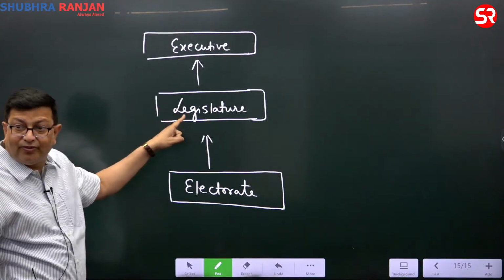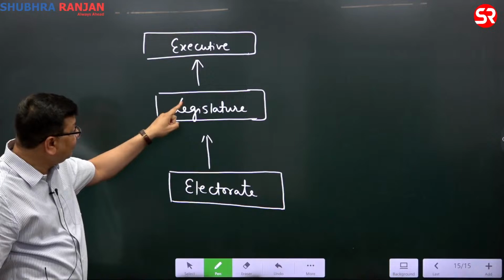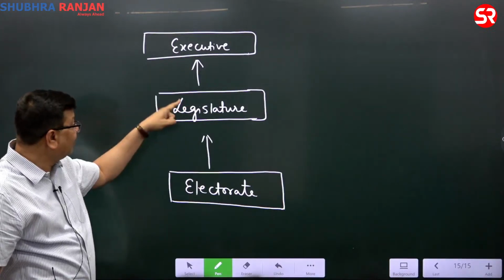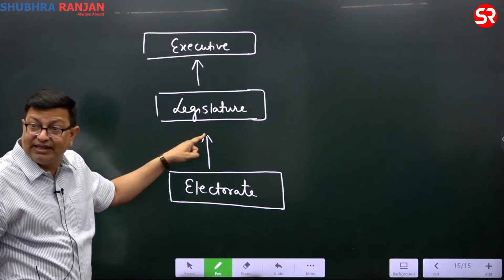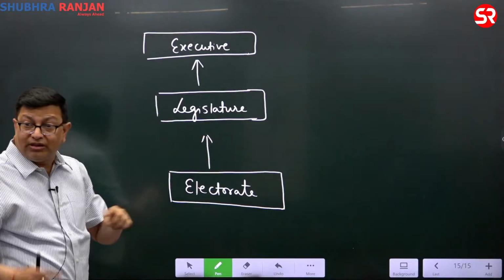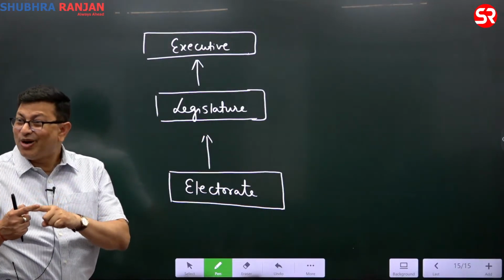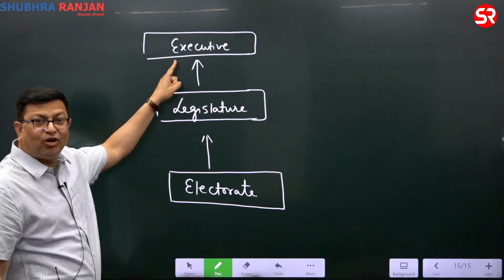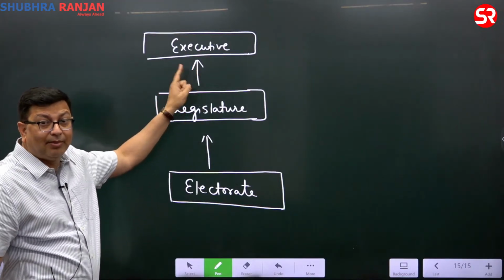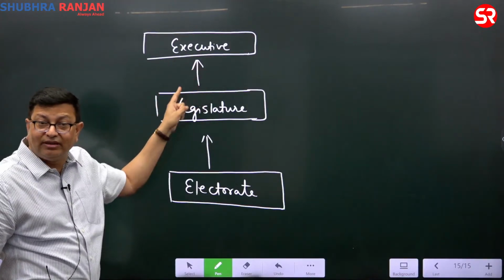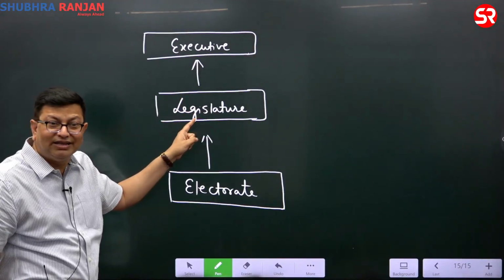So this is the point that we had written, that the members of the executive must be the members of the legislature. So the vice versa will not be correct. All the members of the legislature are not the members of the executive, but all the members of the executive must be the members of the legislature.